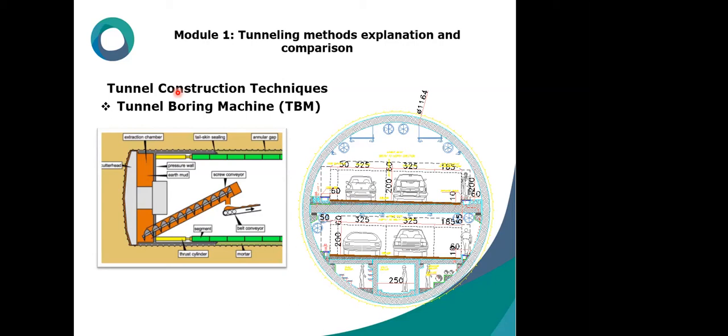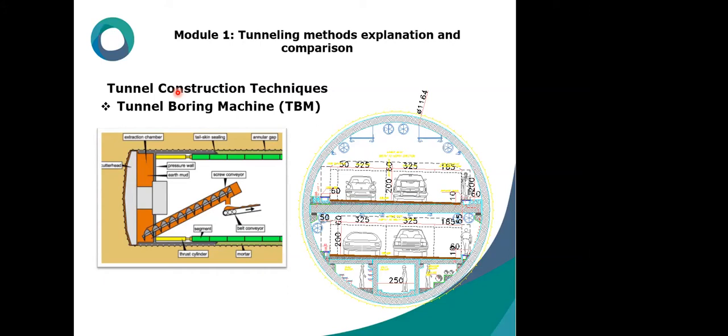It means that when we are facing several tunnel traffic sections, for example, two lanes or three lanes routes, or a combination and connection of two different underground routes, TBM doesn't prove to be the best solution.